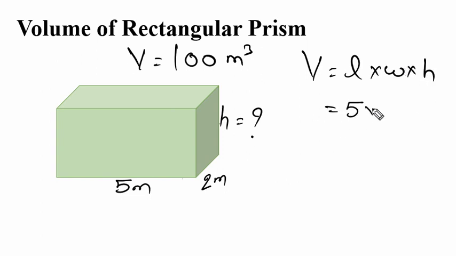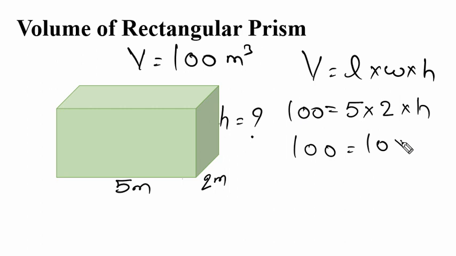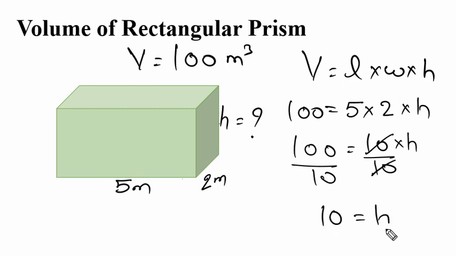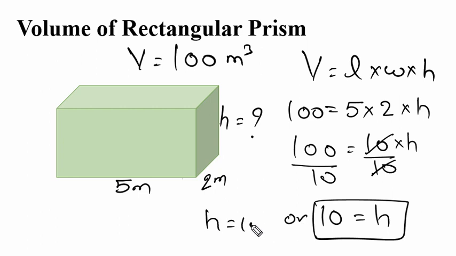So 100 is equal to 5 multiply 2, 10, multiply height. Divide both sides by 10: 10 and 10 cancel, and 100 divided by 10 gives you 10. So h is equal to 10. The height is 10 meter.